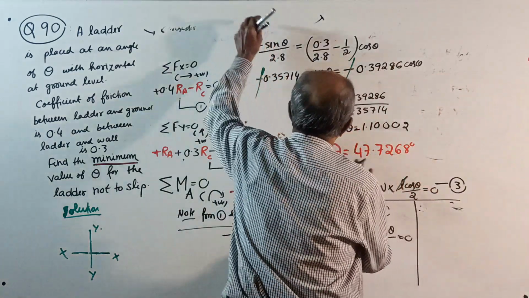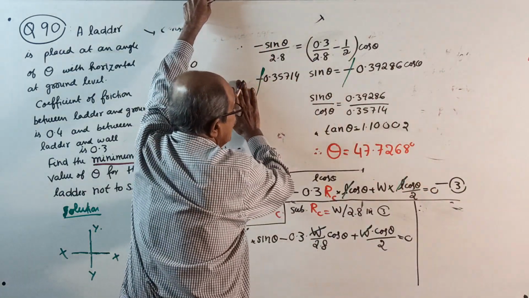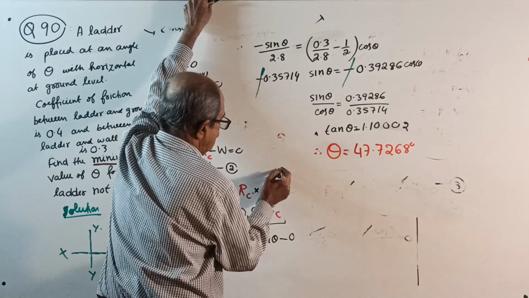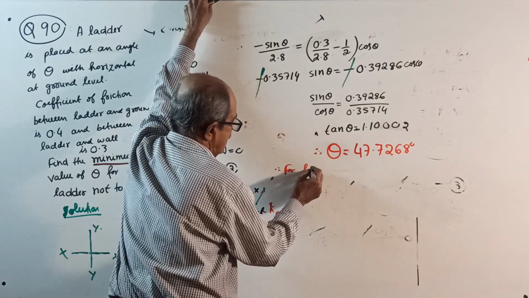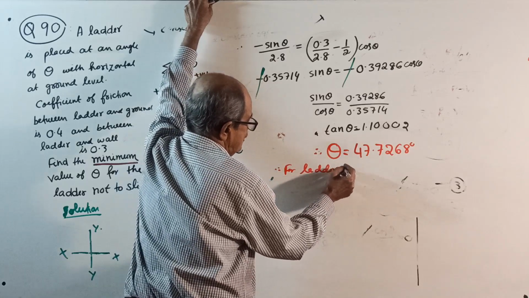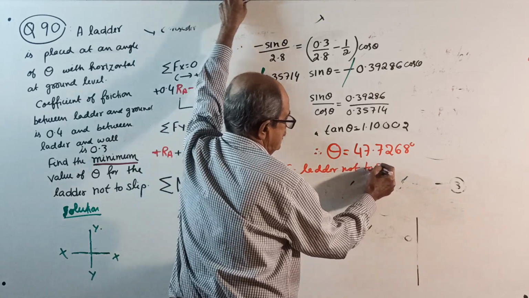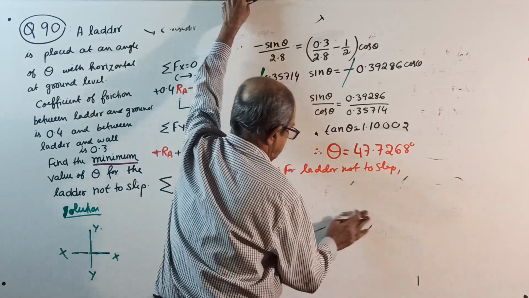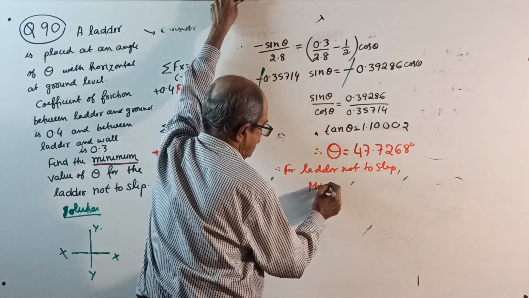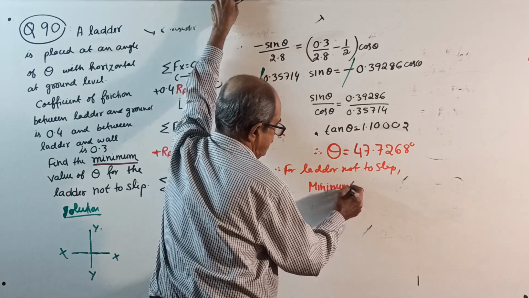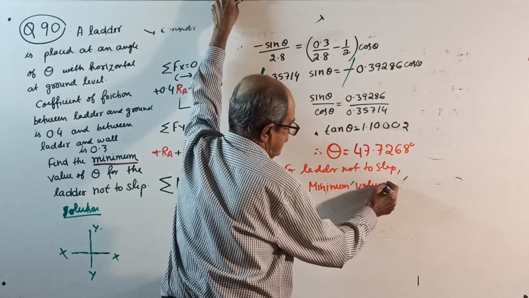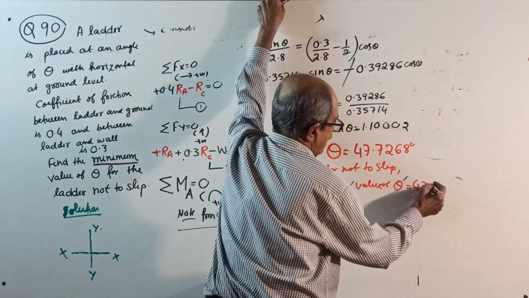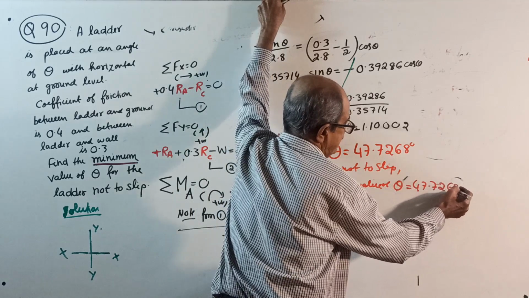Therefore, for the ladder not to slip, the minimum value of theta equals 47.7268 degrees.